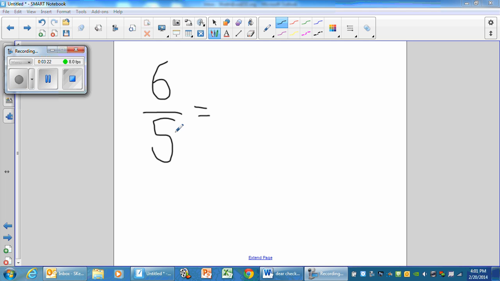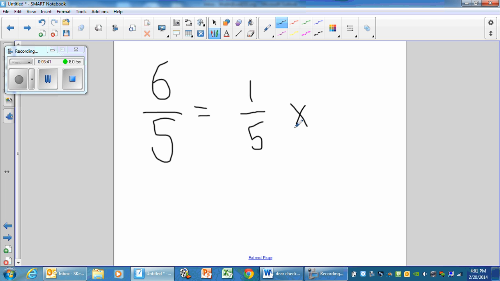Well, as we notice, our denominator has been staying the same, and so that means I'm going to put a 5 in the denominator. Well, what always goes on the numerator when it's a unit fraction? A 1, right? Unit fractions always have 1 as the numerator. So now we know we're going to multiply, and then 1/5 times what would be 6/5.